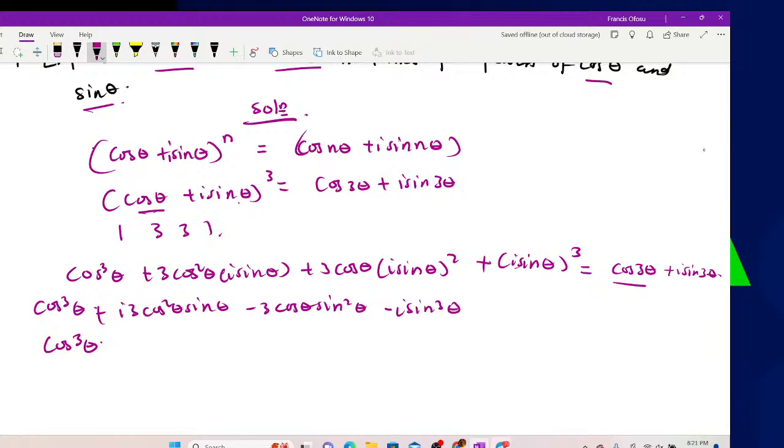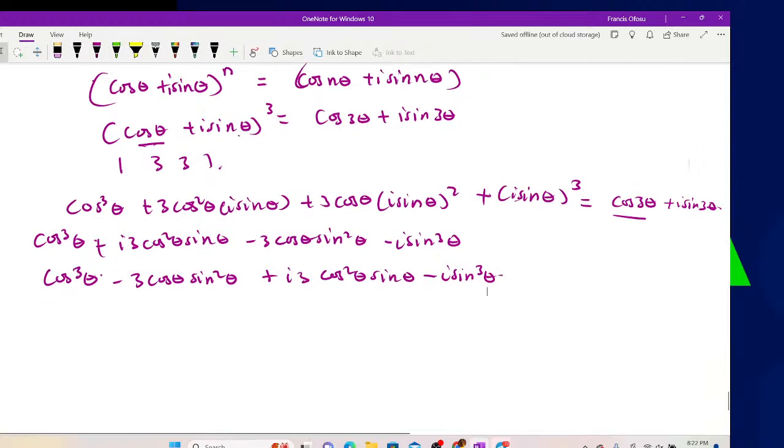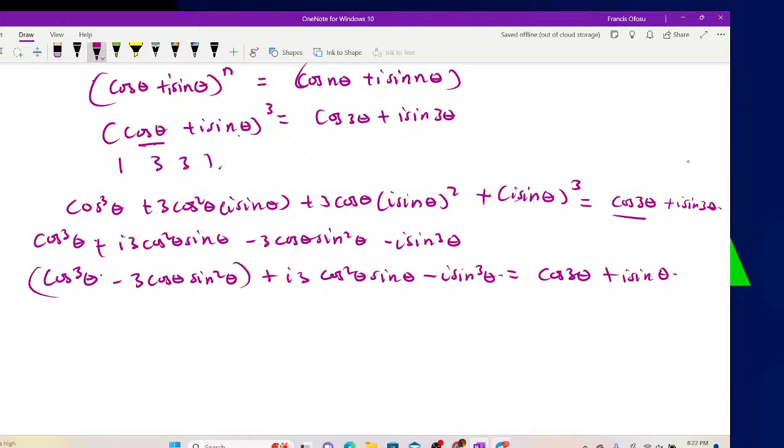Then the other real part will be minus 3 cos theta sin squared theta plus i3 cos squared theta sin theta, right? Then minus i sin cubed theta. At this point, everything I have here is still equal to cos 3 theta plus i sin 3 theta, right? So you can clearly see that I have separated this into real parts and complex parts.